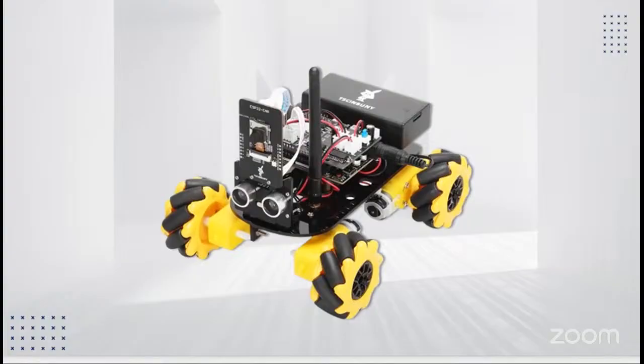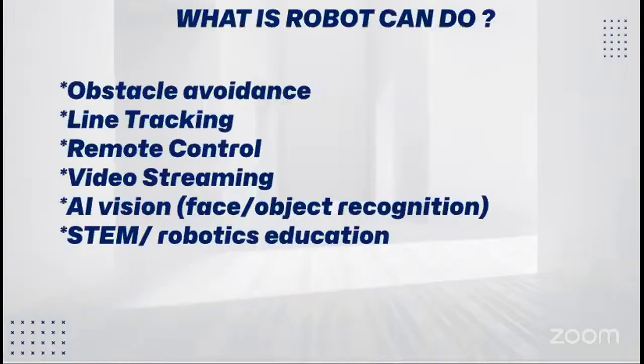So before we start properly, I just want to say what our car will be able to do, right? Most people say you are just showing us the car, so here is what the car can do. These are just some very simple and basic things that our smart car can do.